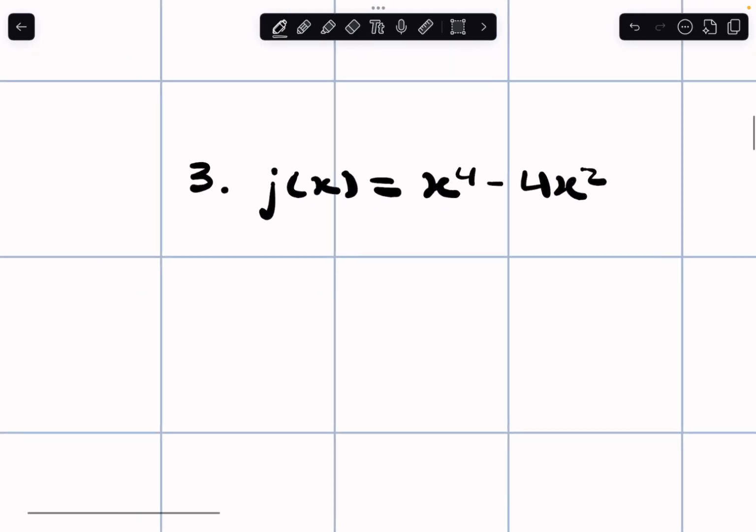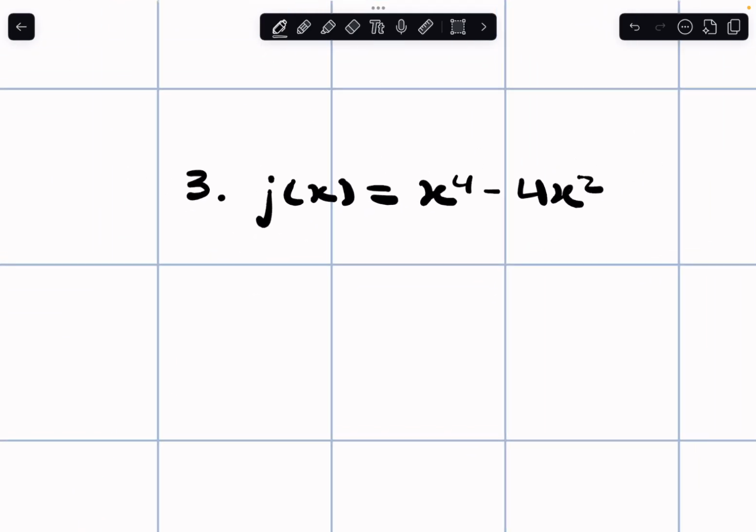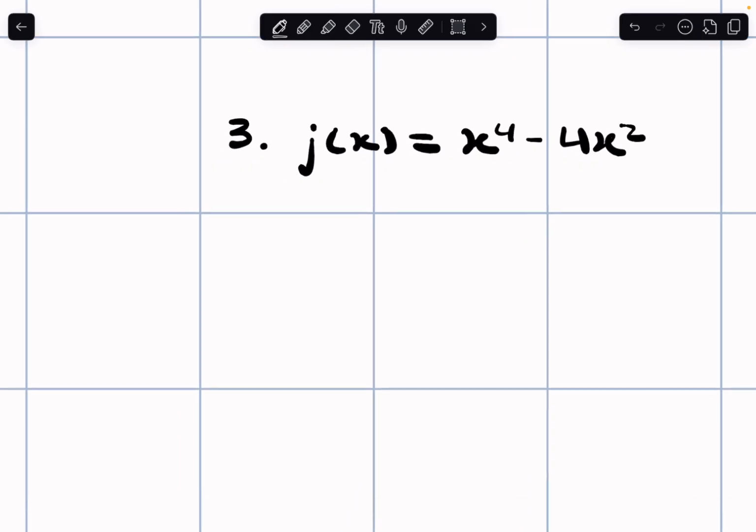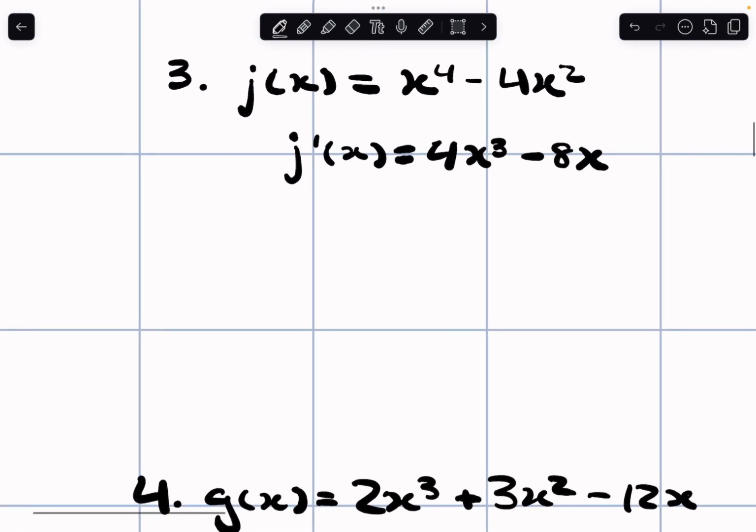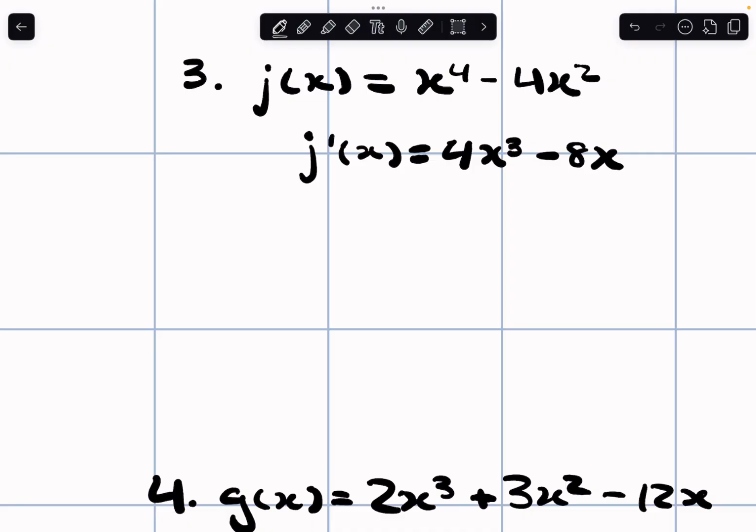Moving on to number 3, we're given j of x equals x to the 4th minus 4x squared. Like our algorithm tells us, we take the first derivative first. That's equal to 4x cubed minus 8x. Then we set it equal to 0 to find the critical points.